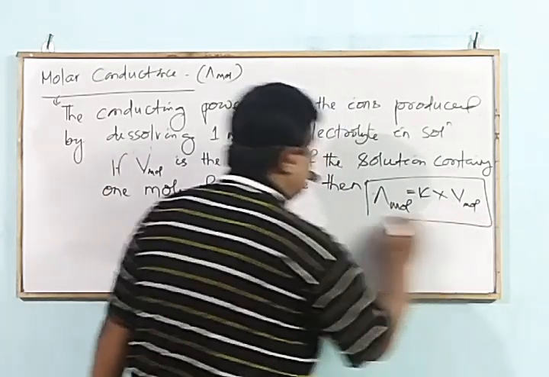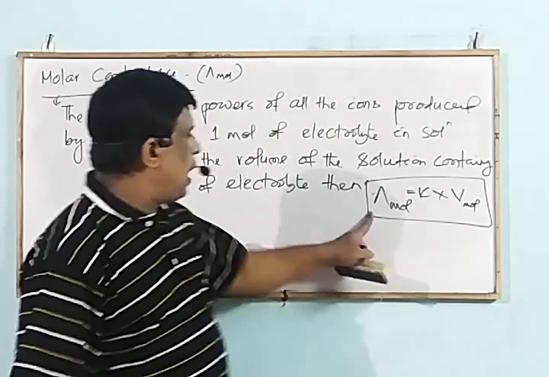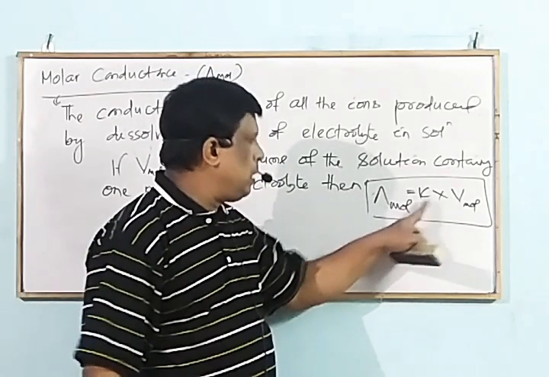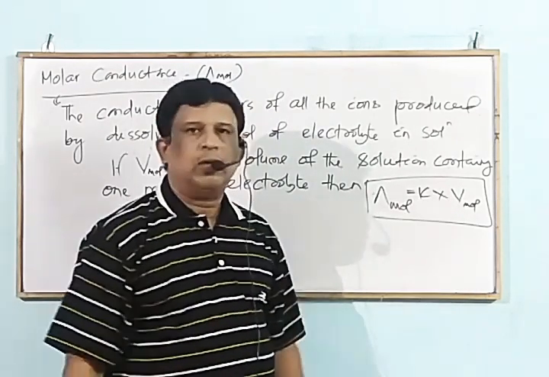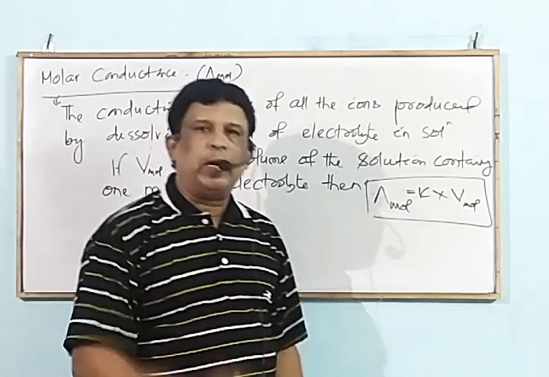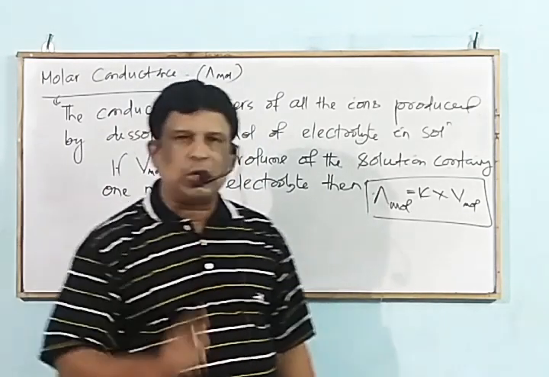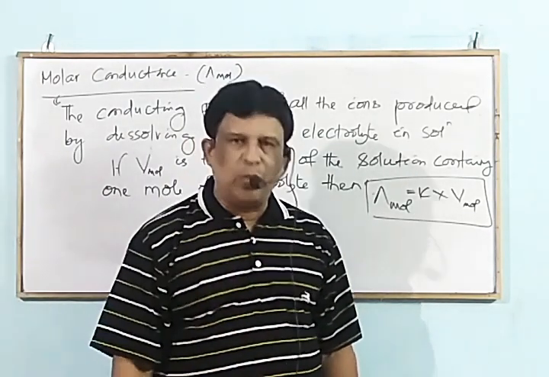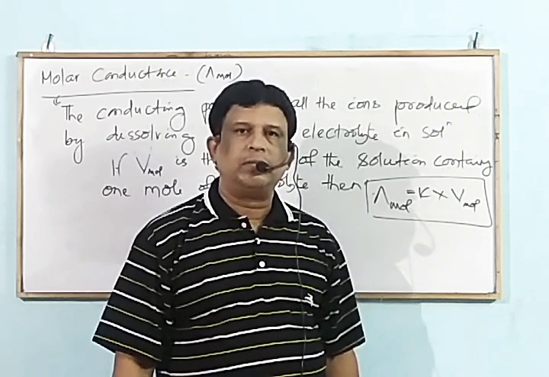The molar conductance is equal to specific conductance into V mol. What is V mol? V mol is the volume of the solution containing 1 mole of the electrolyte.